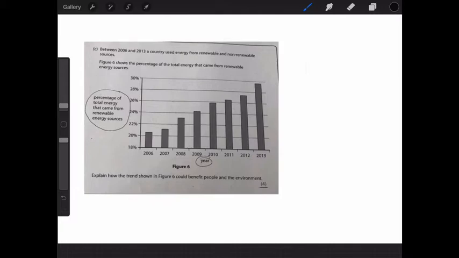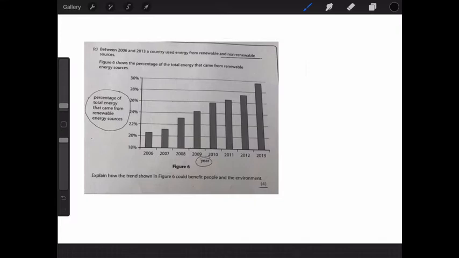So we're being told about between 2 times, and we're being told about countries using renewable and non-renewable energy, because if the percentage total energy that comes from renewable sources is shown on this graph, that means the rest of the 100% is the non-renewable sources that were used.